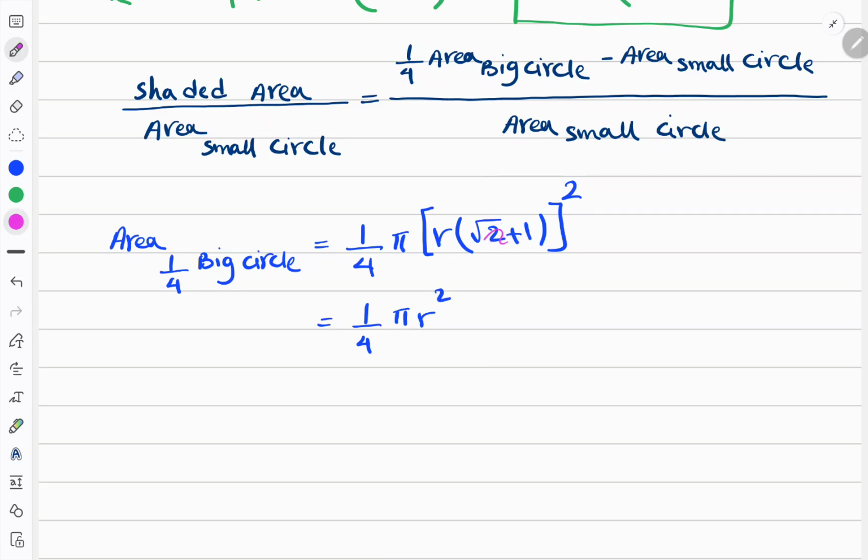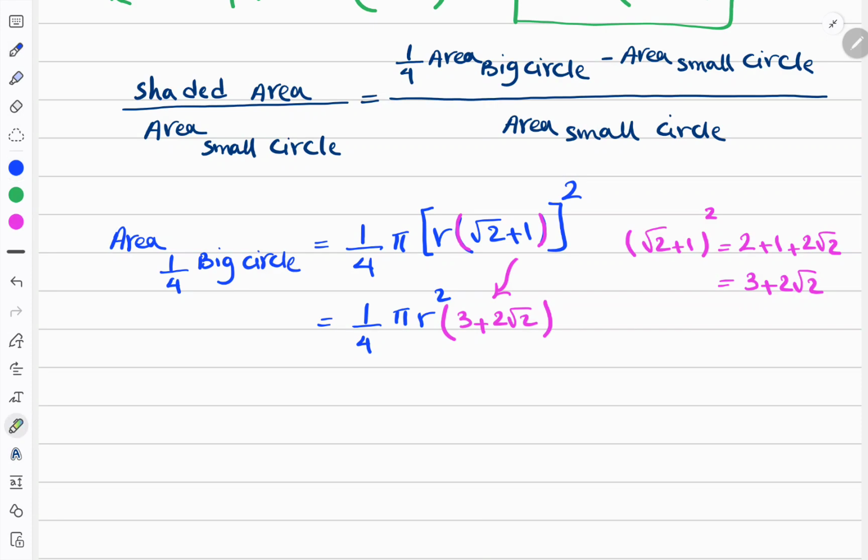And how about radical 2 plus 1 squared? I'm going to write this here. This is a perfect square. The square of radical 2 is 2. The square of 1 is 1. And twice the product of them is 2 radical 2, which gives 3 plus 2 radical 2. Okay, so this is the area of a quarter of the big circle.